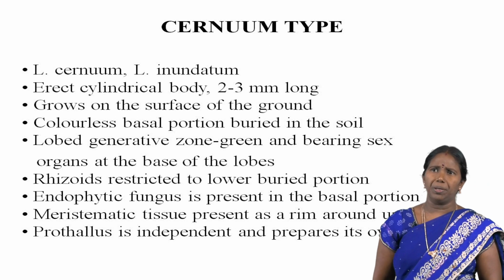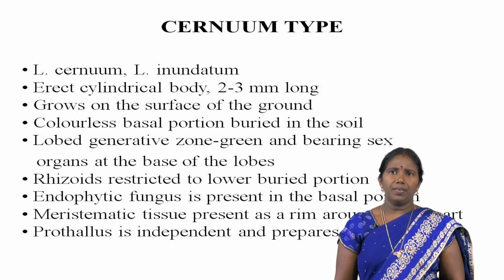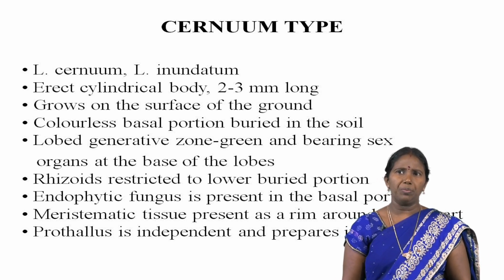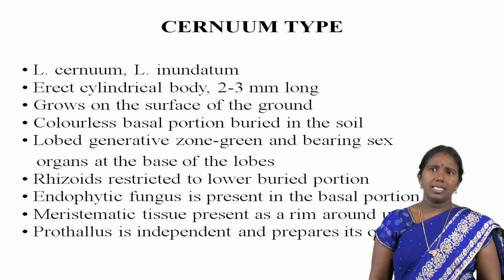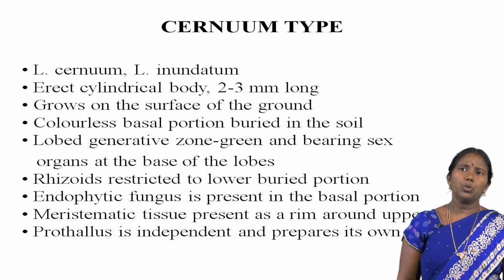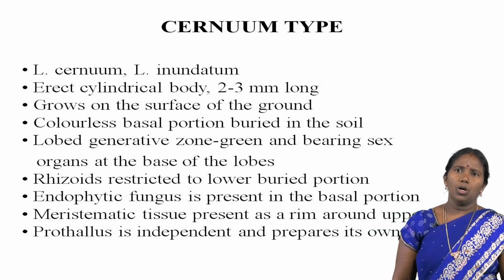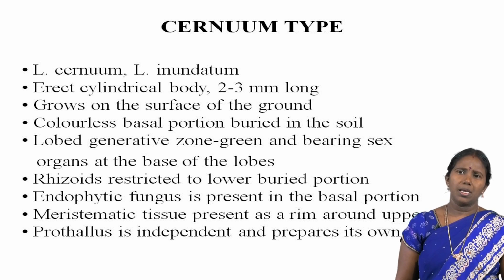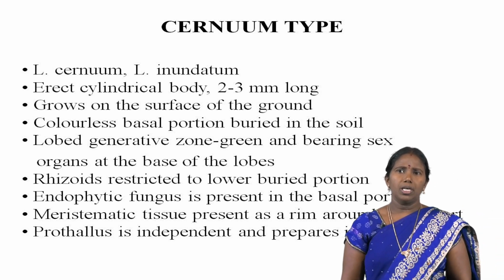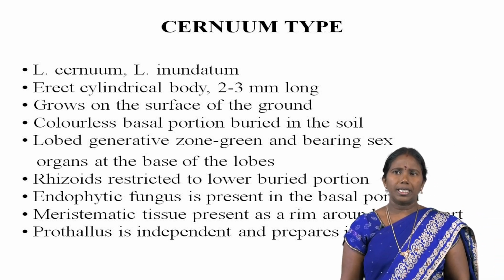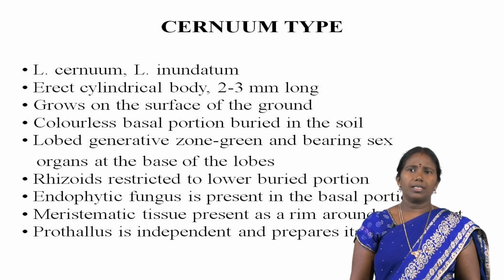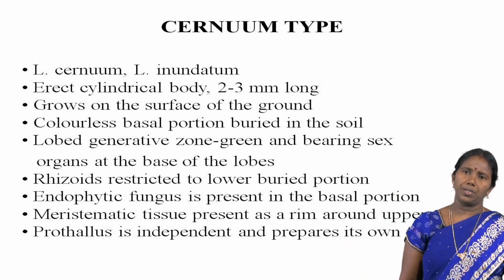This is the Lycopodium cernuum type. Lycopodium cernuum and Lycopodium inundatum have an erect, cylindrical body, 2 to 3 millimeters long, growing on the surface of the ground. It is colorless, with the basal portion buried in the soil, and a lobed, green generative zone bearing sex organs at the face of the lobes.